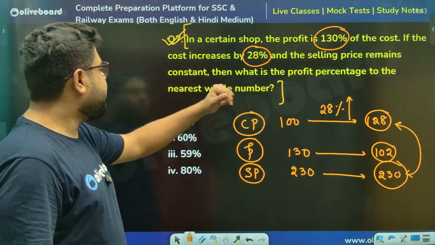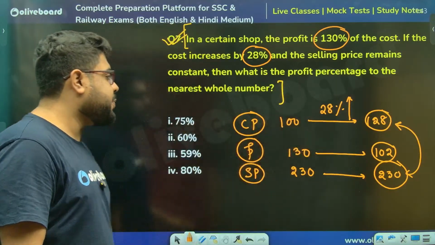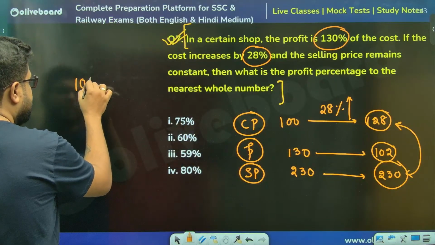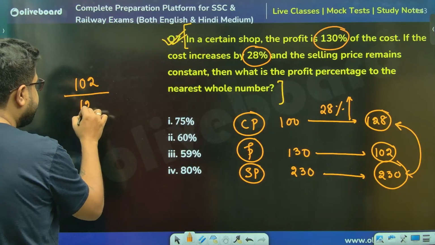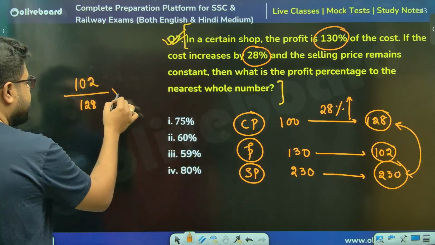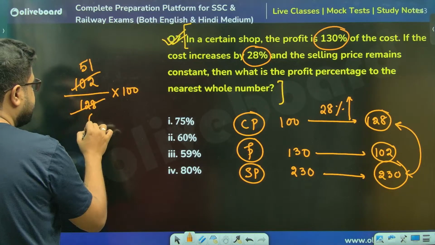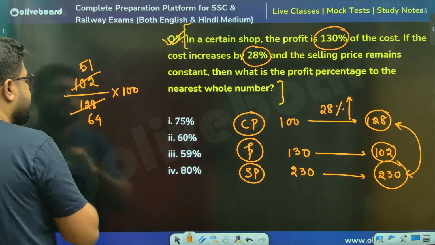Sir, what is the profit percentage to the nearest whole number? So 102 is the profit out of 128. So just calculate. This is 51, this is 64.